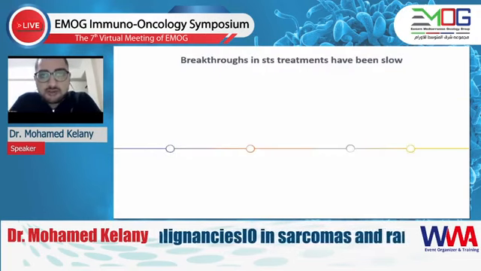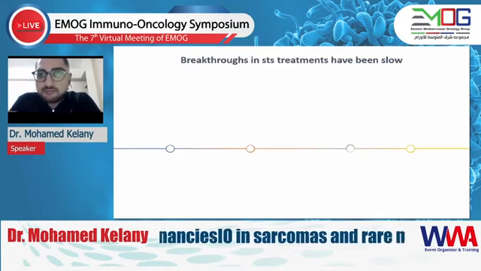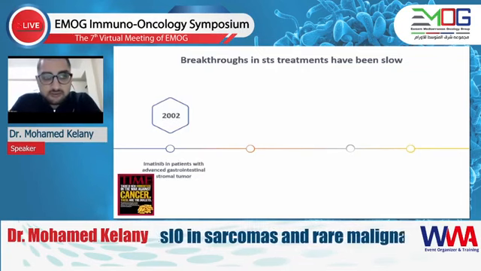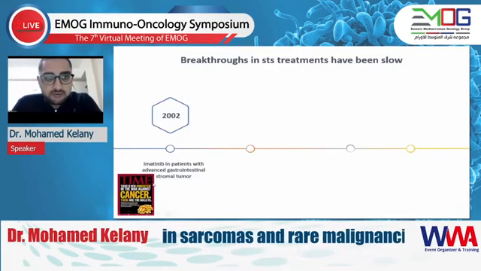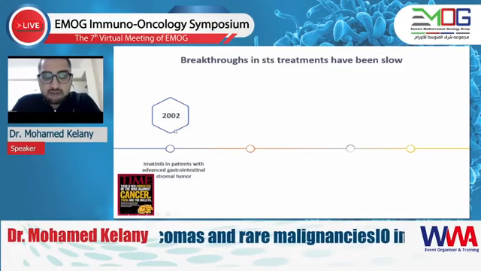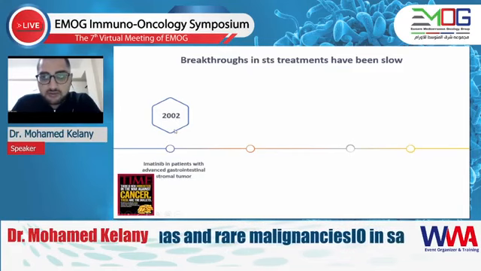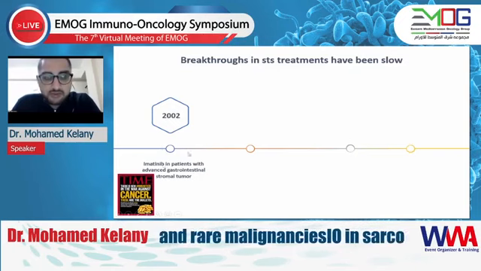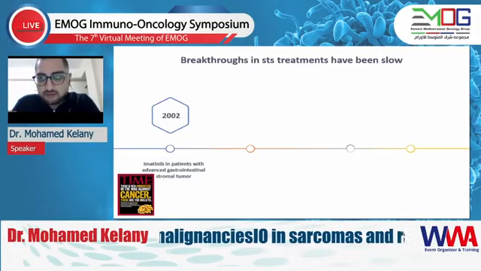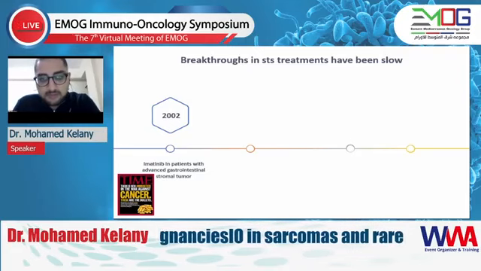Breakthrough news in soft tissue sarcoma has progressed very slowly. In 2002, imatinib took approval in GIST, and it was breakthrough news because it made a paradigm shift in the management of GIST from chemotherapy to oral TKIs, imatinib, or second-line or third-line oral TKIs.